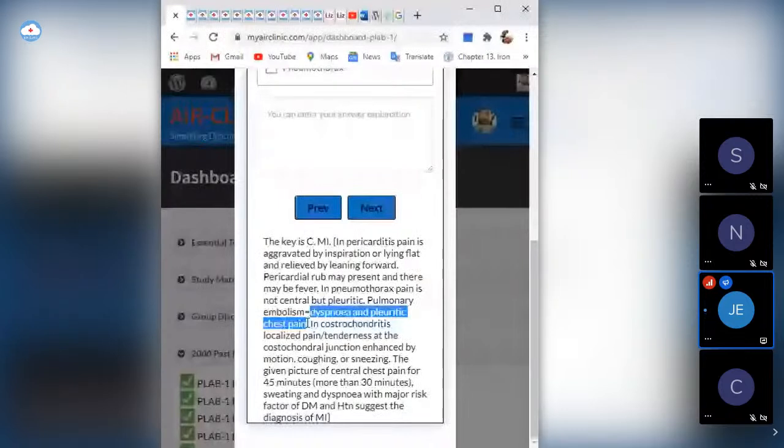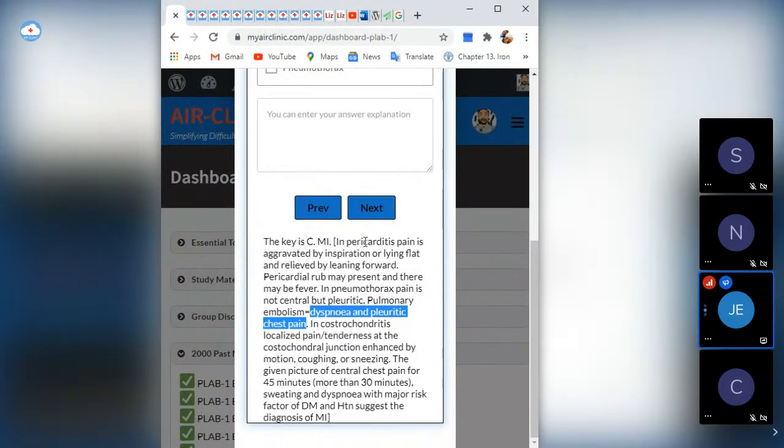As soon as he gets up, it shows an embolus, which eventually becomes a pulmonary embolus, causes coughing, dyspnea, difficulty in breathing, sweating, diaphoresis as well can occur with pulmonary embolism, and sometimes they have hemoptysis. All right, and the pain is pleuritic, unlike myocardial infarction that is not expected to be pleuritic.